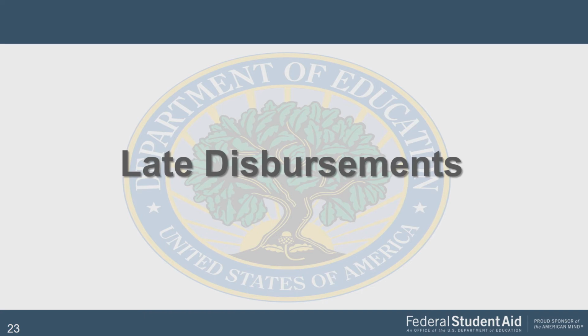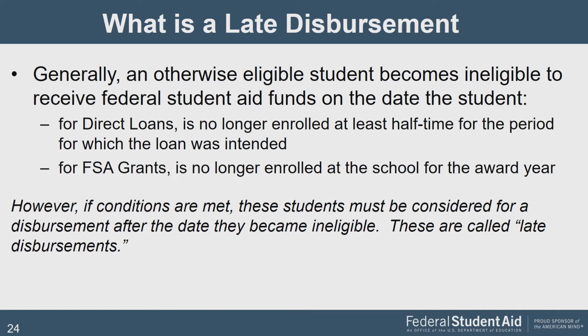That was early disbursements. Let's take a look at late disbursements now. As I already said, if a student becomes ineligible to receive Title IV funds, if a student is no longer enrolled in school, and that would cover students who are less than half-time if they're receiving direct loans, or if they're no longer enrolled for any other program, that's when late disbursements could take place.